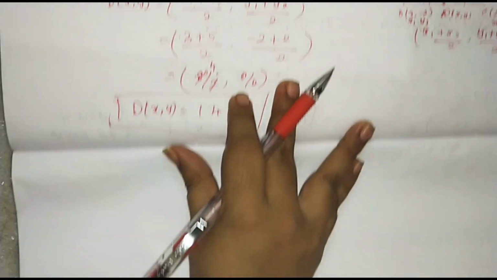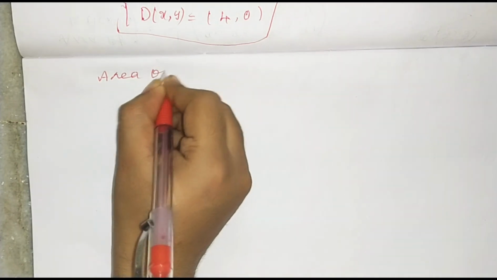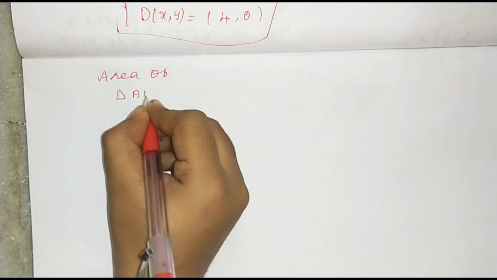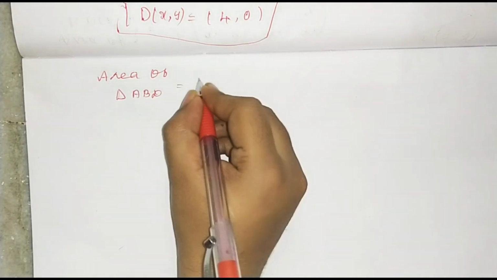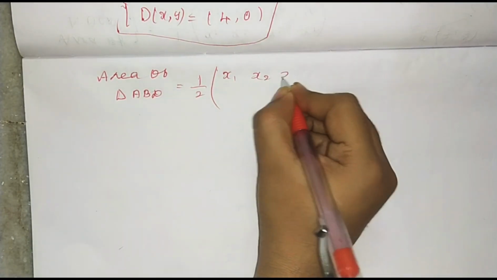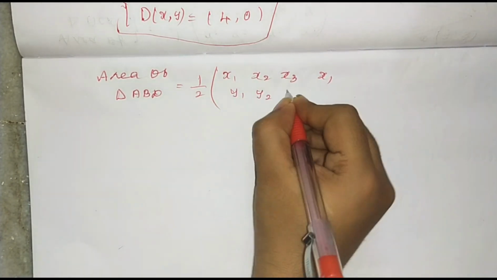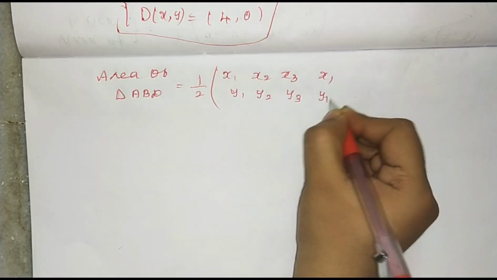Now we can find out the area of triangle ABD. For the area of triangle ABD, we can use the formula 1 divided by 2, x1, x2, x3, again x1, y1, y2, y3, again y1.